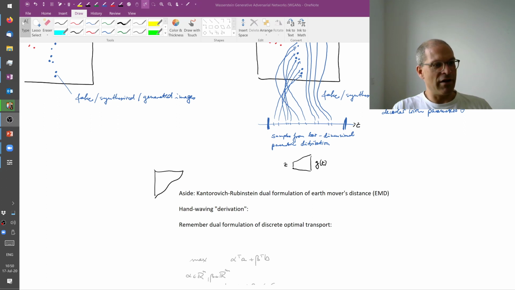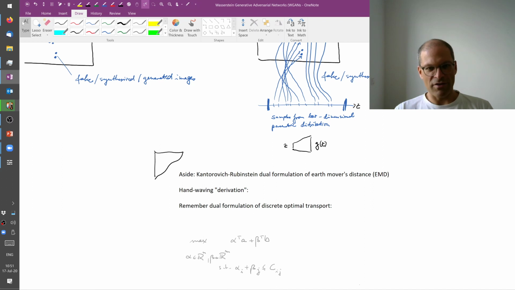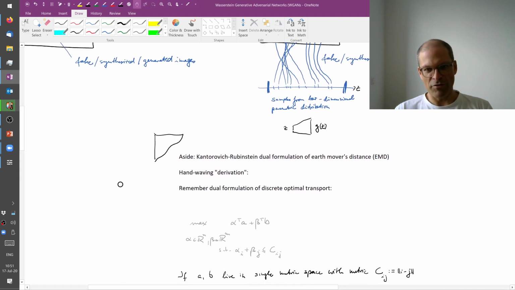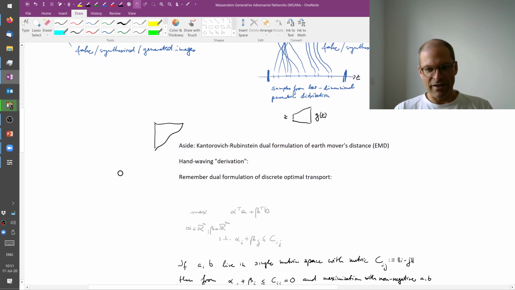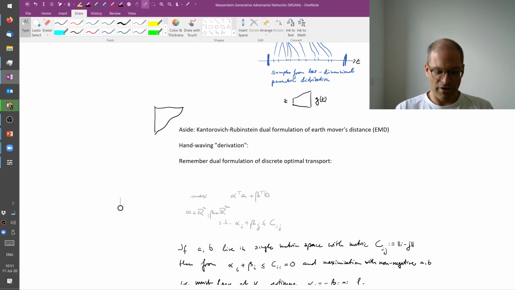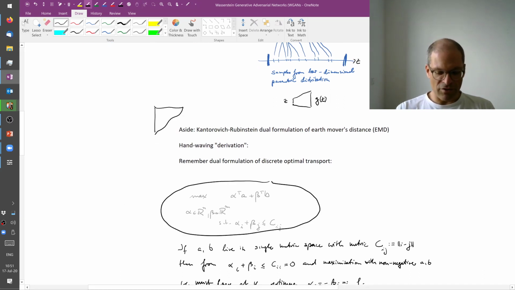And this dual formulation, I cannot derive it here, but I want to mention it and explain where this comes from. The formulation that we need is called the Kantorovich-Rubinstein dual formulation of Earth mover's distance. When we were talking about the linear programming formulation of discrete optimal transport, we saw this.